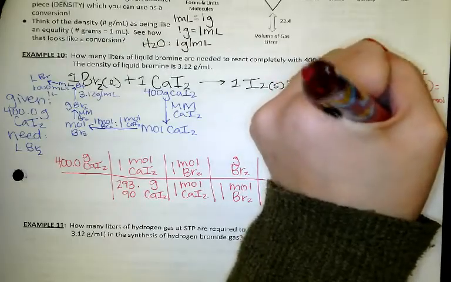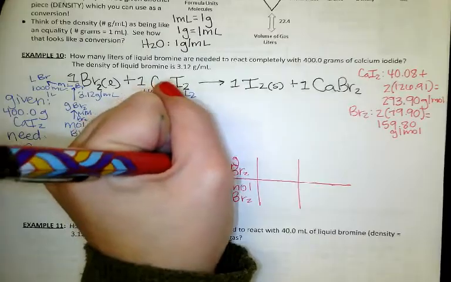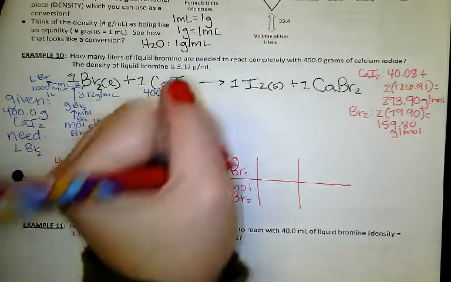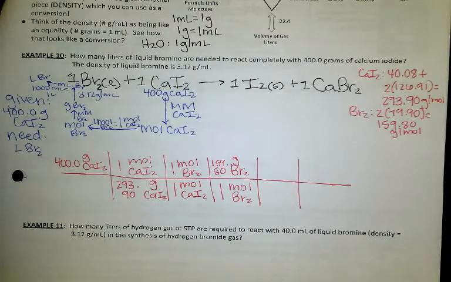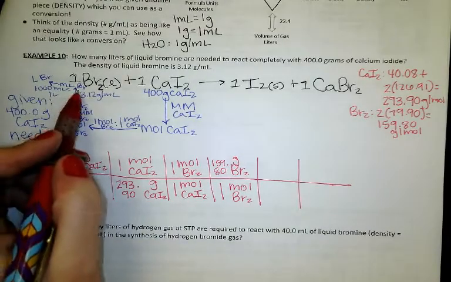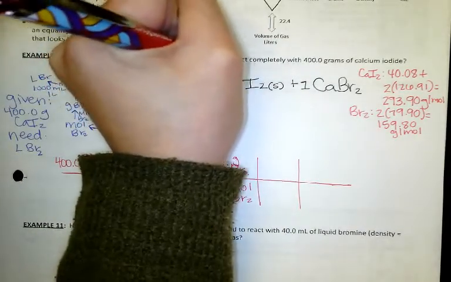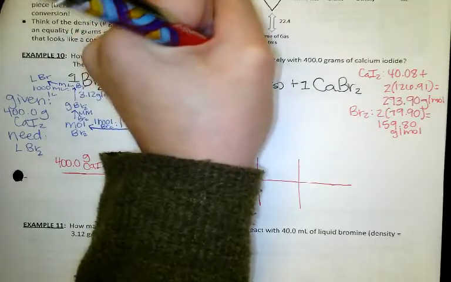So 159.80 grams of bromine. Then my next conversion, I'm going from grams of bromine to milliliters of bromine using my density. So remember what this means is that there are 3.12 grams in 1 milliliter, or 1 milliliter weighs 3.12 grams.